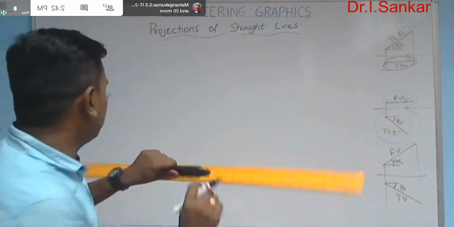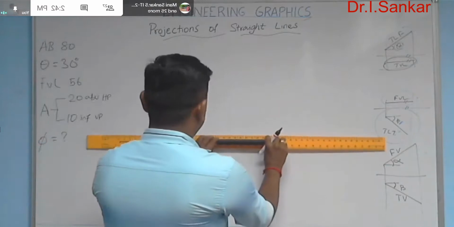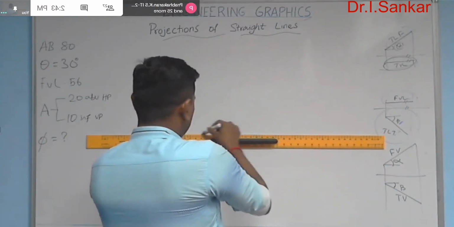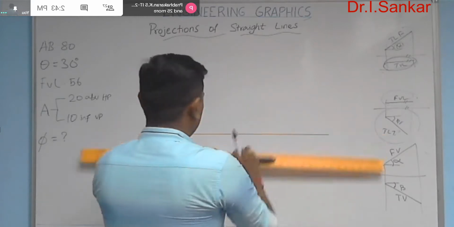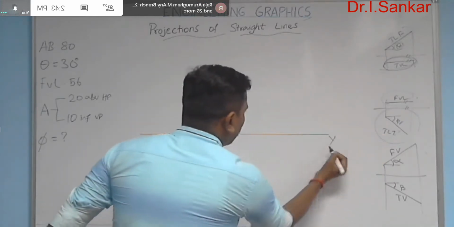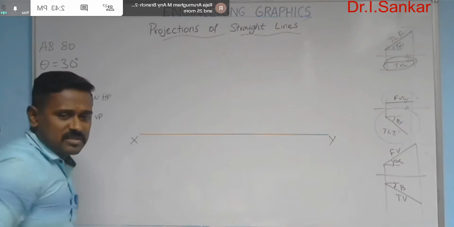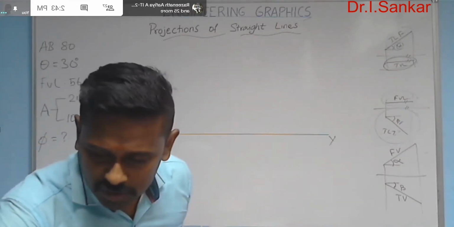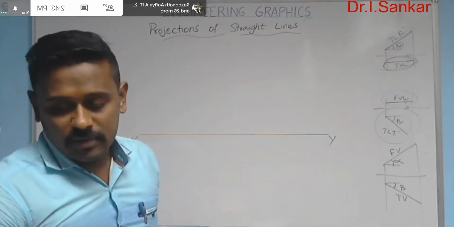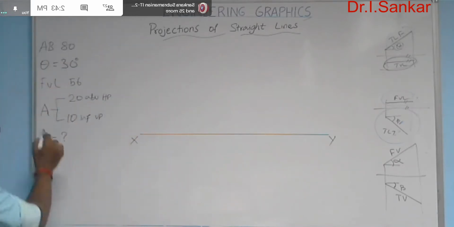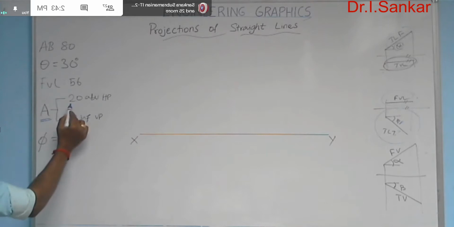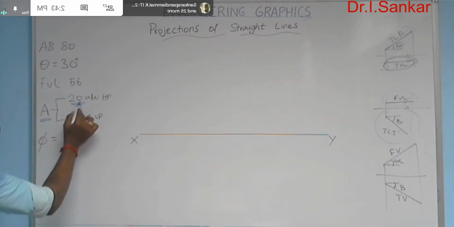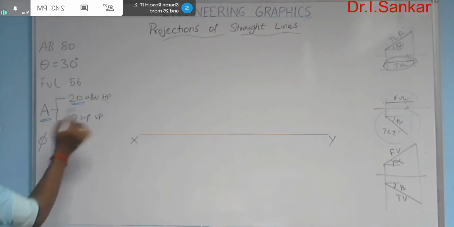First I need to draw the XY line. Which data do we need to use first? The locus related data. Here the terminal A's location with respect to HP is given as 20 mm above HP.